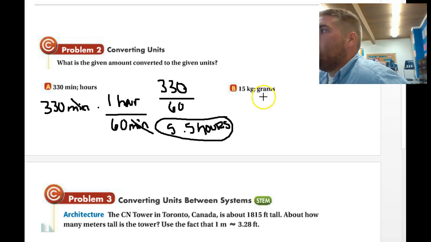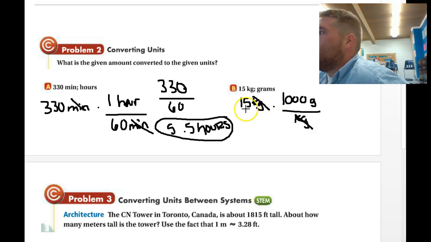I want to know how many grams that is. So I have 15 kilograms. Well, I know that there are 1,000 grams in each kilogram. So my kilograms cancel, and I'm left with 15 times 1,000, which gives me 15,000.